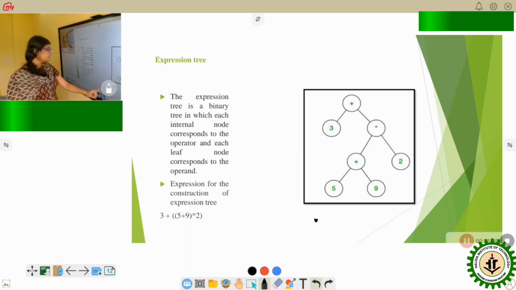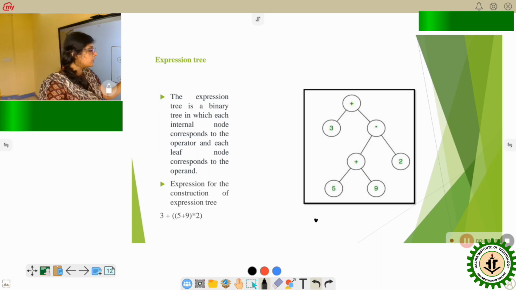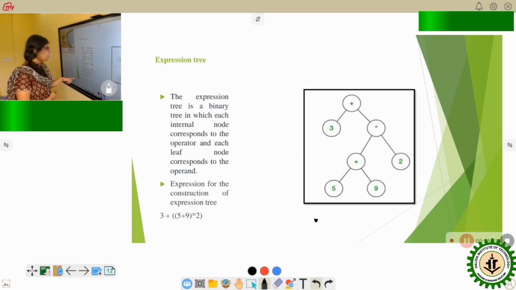Again, after this evaluation, we will evaluate multiplied by 2 because again it is present within the bracket. So after this we will evaluate and we have placed this operator, this multiplication sign as an internal node and again the operand, which one is the operand, 2, is placed over here as a leaf node.